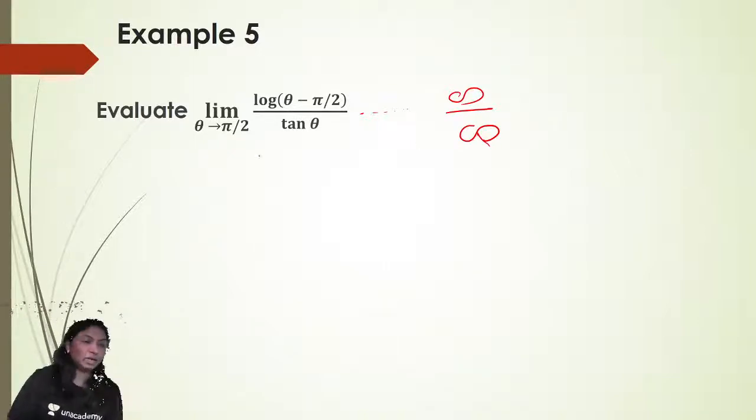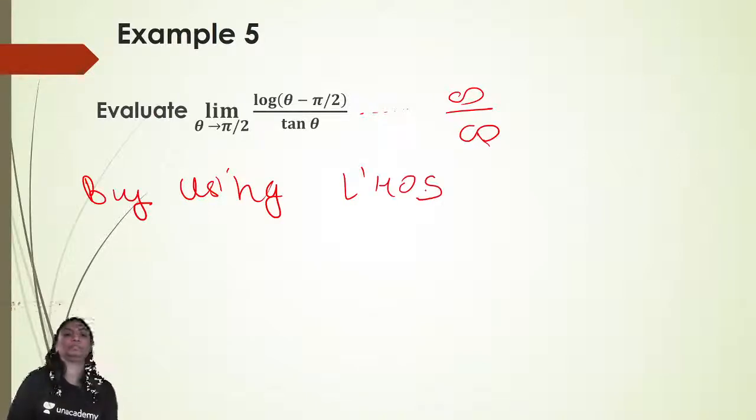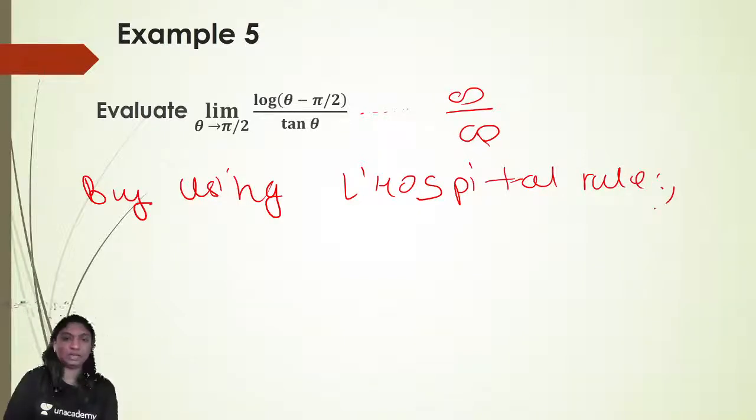Directly we can use L'Hospital rule. By using L'Hospital rule, we have L is equal to limit as theta tends to pi by 2.